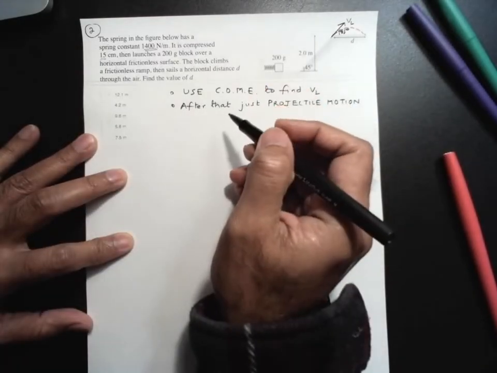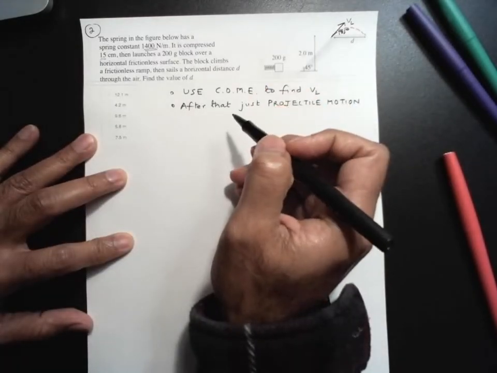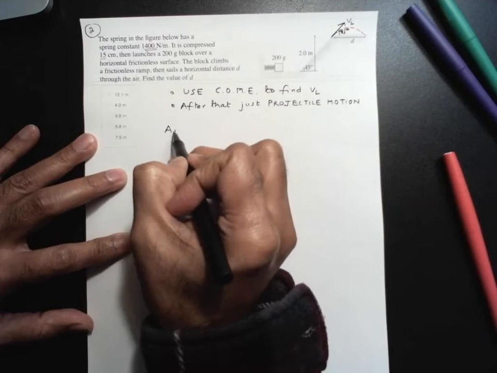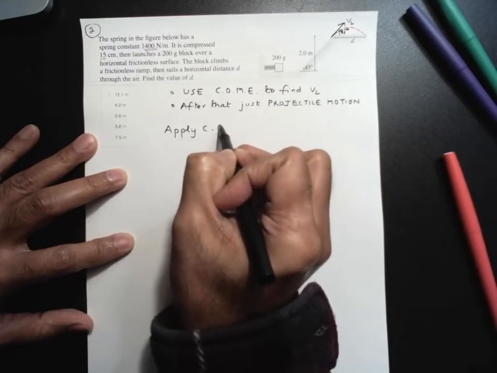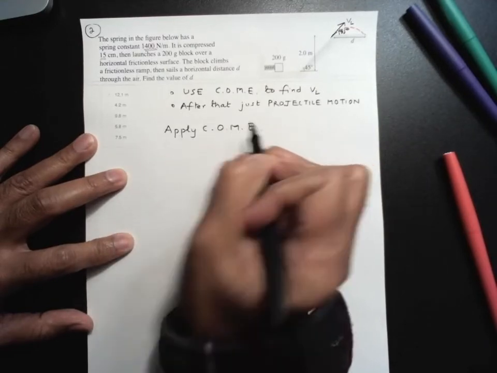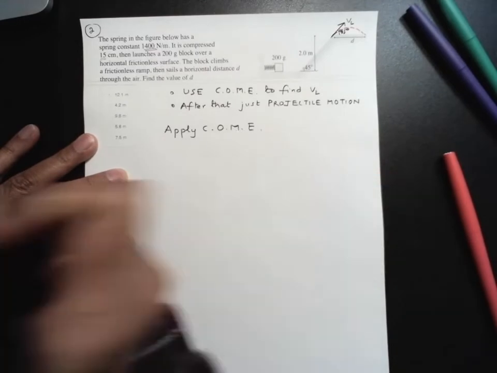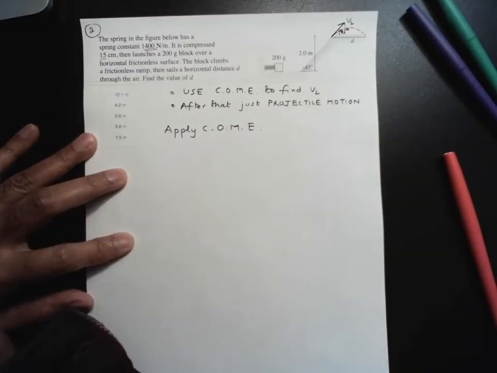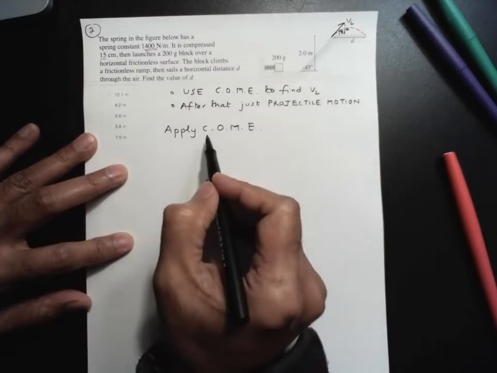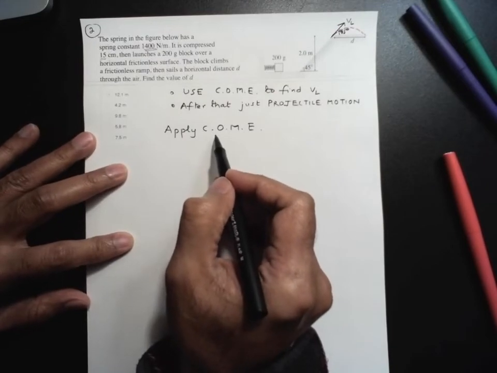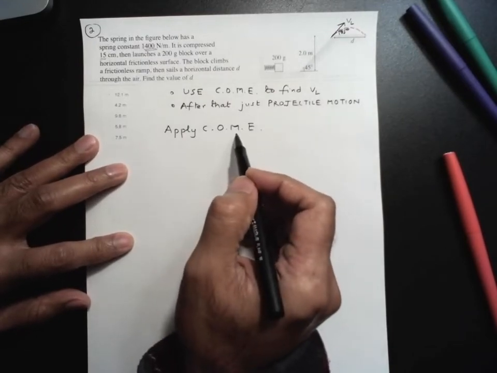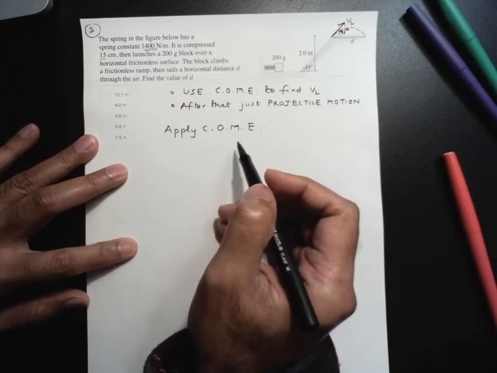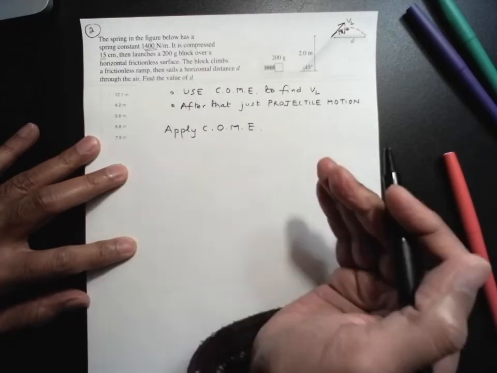So let's apply conservation of mechanical energy. Whenever we do that, we did this in the previous question too, but maybe didn't emphasize it. Whenever you want to apply a conservation law, like mechanical energy or linear momentum or angular momentum, there's always an initial and a final.